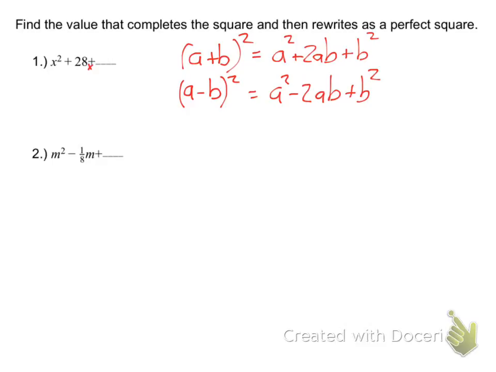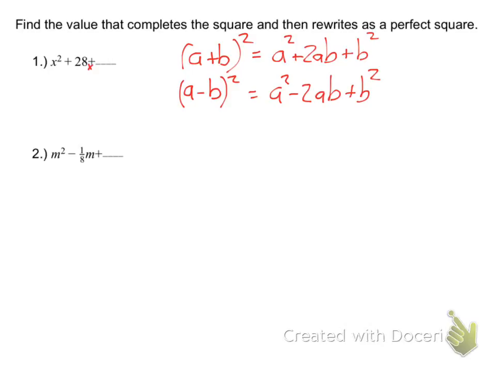So maybe you've seen that already. What this means is that I am given these problems and need to find the c value, or in this case b squared, so that I can write it as a plus b squared. I'm going to show you that this is really simple.